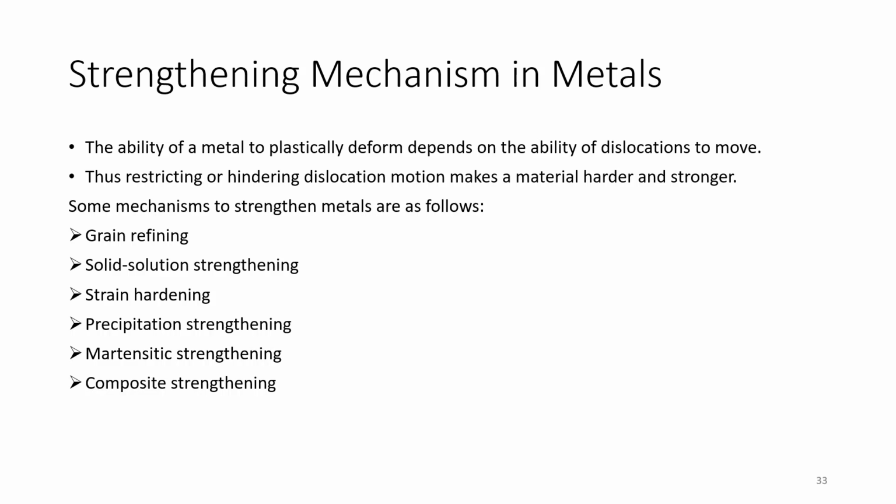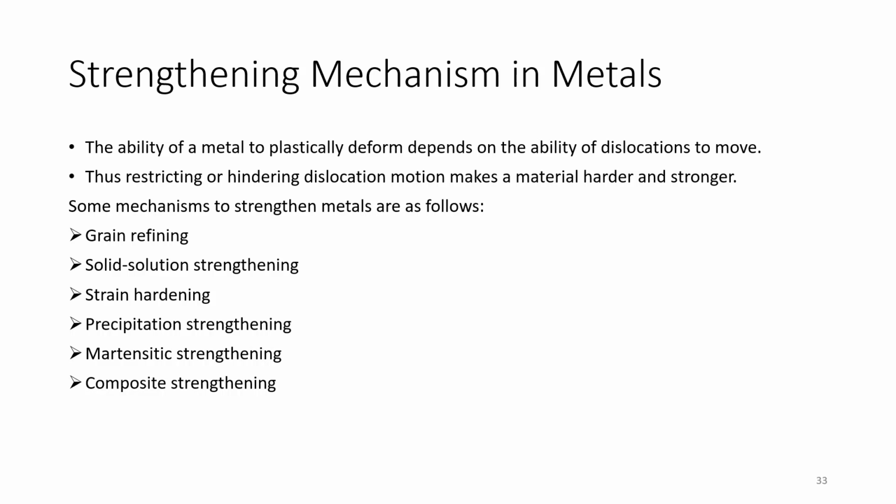Next is strengthening mechanisms. So you have a lot of questions, I think, in exams and in assignments as well based on strengthening mechanisms. Okay, so the ability of a material to plastically deform depends on the ability of dislocations to move.